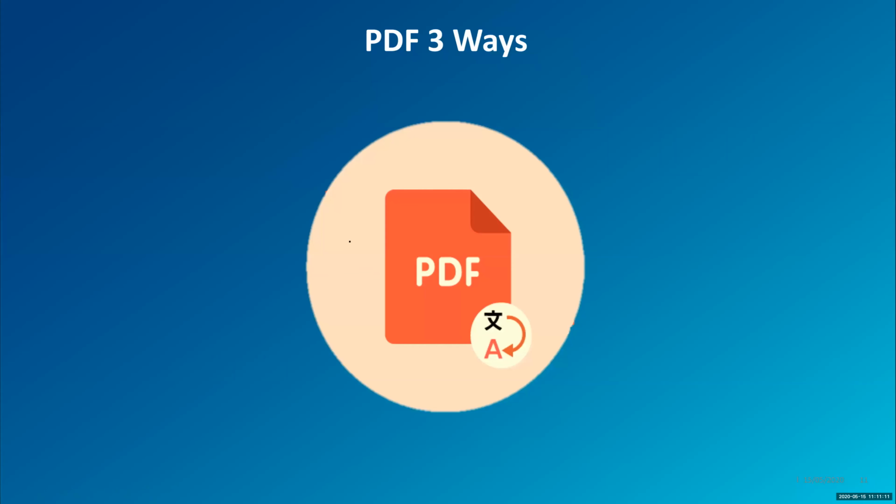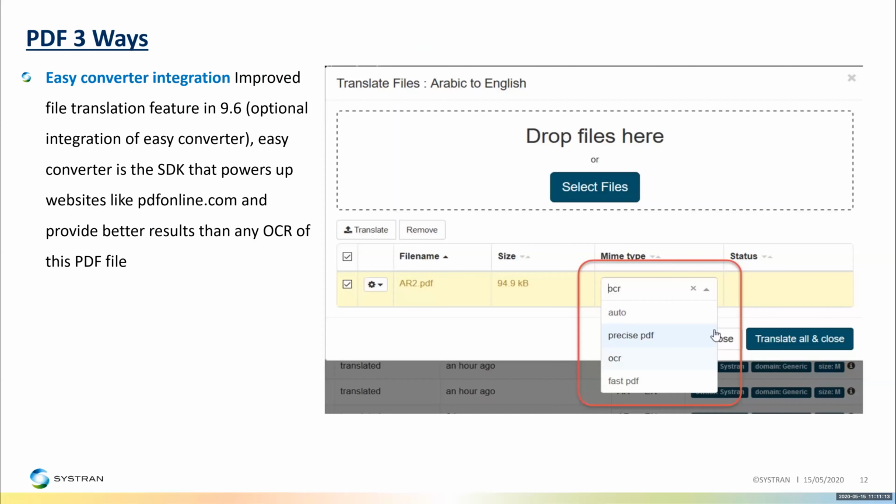PDF three ways. So now there is a new converter we have. We call it Precise Easy Converter. Basically, if it's a scanned PDF, it has to go through the OCR. And if it's an editable PDF, you can still force it through the OCR, but you have a new option, which is precise PDF.